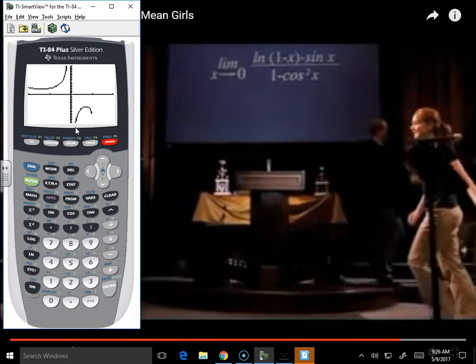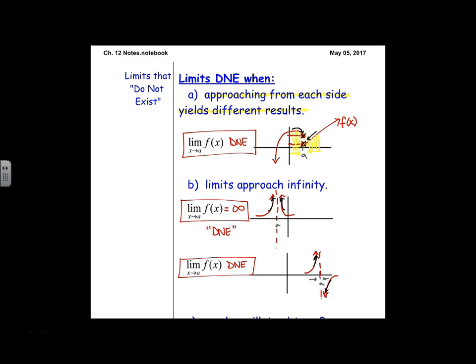No. And so according to our notes from yesterday, if approaching from either side yields different results, whether they are two different constants, two different set heights, like in letter A, or whether they are infinitely opposite, infinitely in disagreement, like this one down here, the limit does not exist if the one-sided limits do not agree.